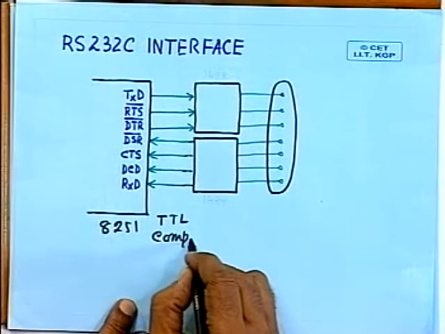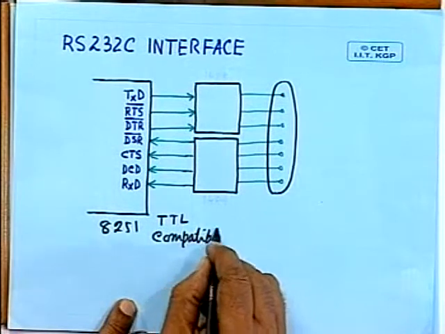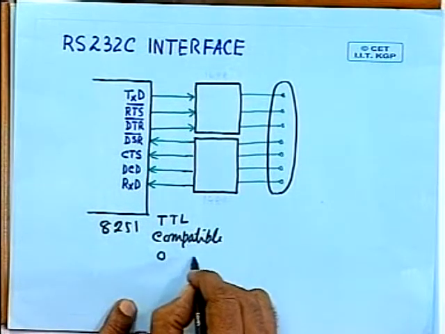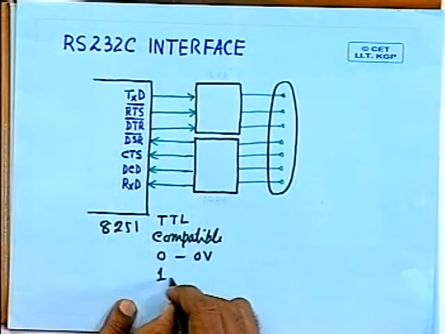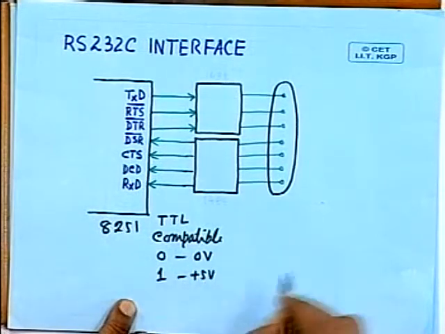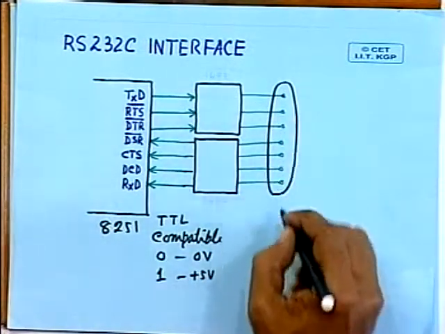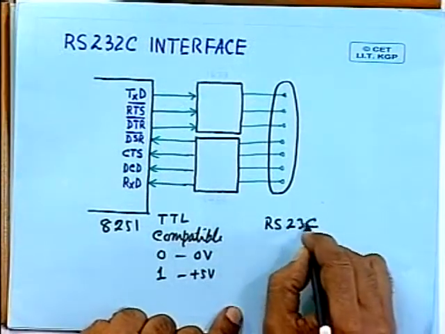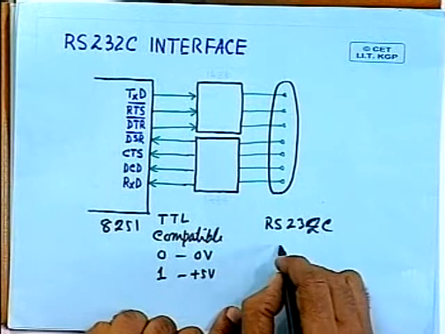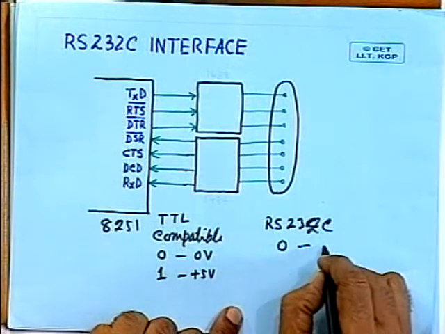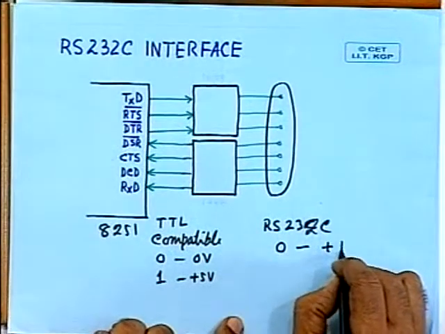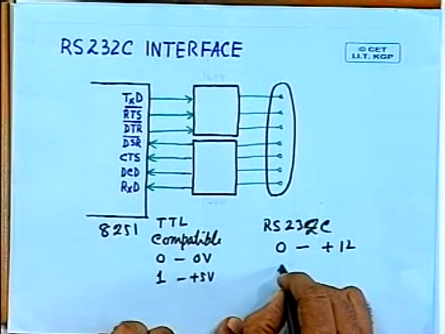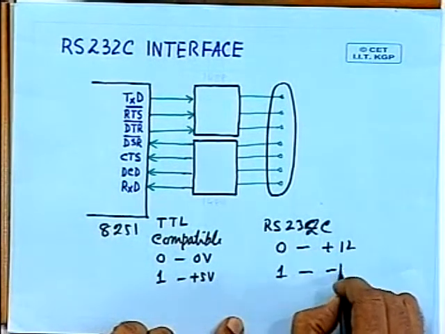So here you get for 0 level 0 volt, and for 1 level you get plus 5 volt. On the other hand, you know that the RS-232C requires for 0 level plus 12, and for 1 it is minus 12.